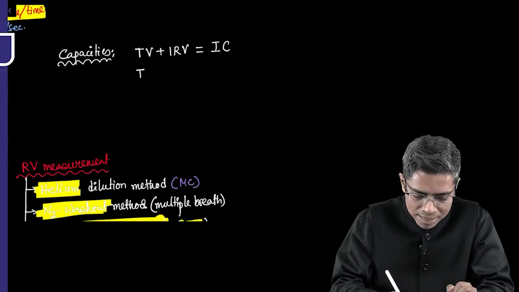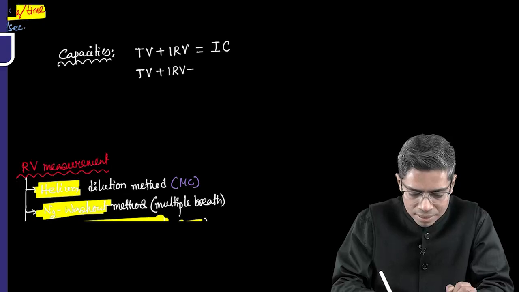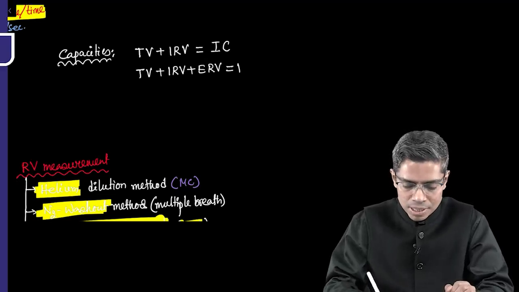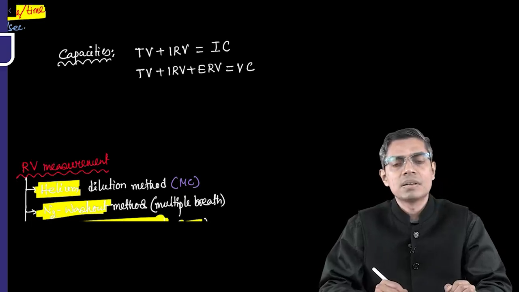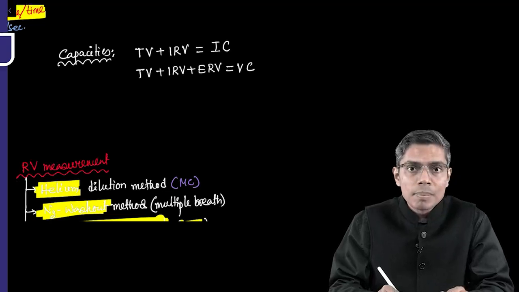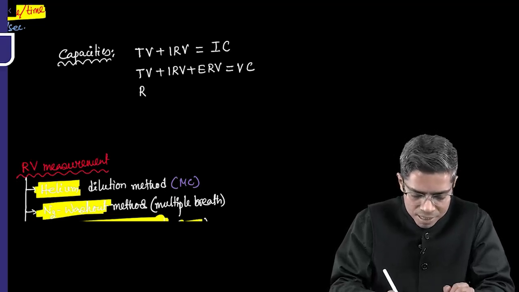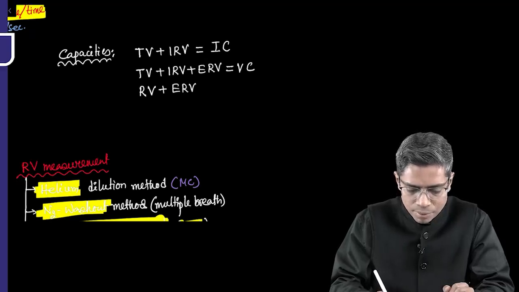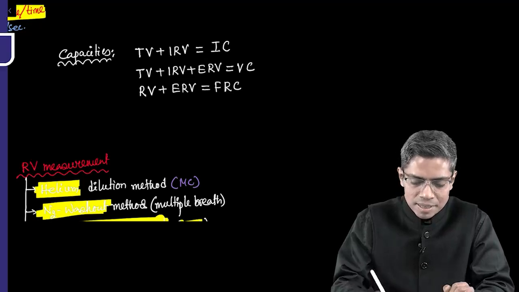Then if you add up tidal volume plus IRV plus expiratory reserve volume, the combination of these 3 volumes is known as vital capacity or VC. If you combine only the residual volume plus your expiratory reserve volume, this is known as functional residual capacity.